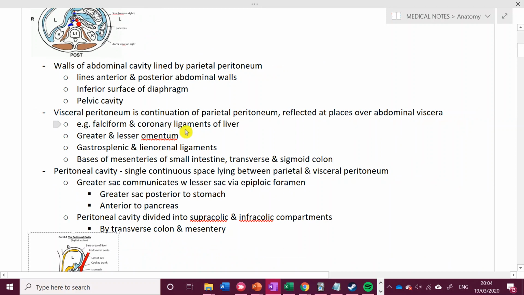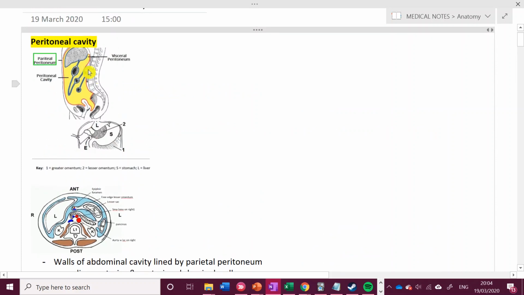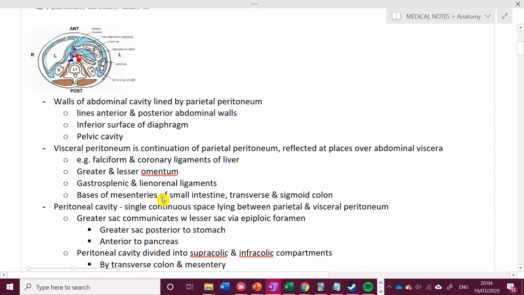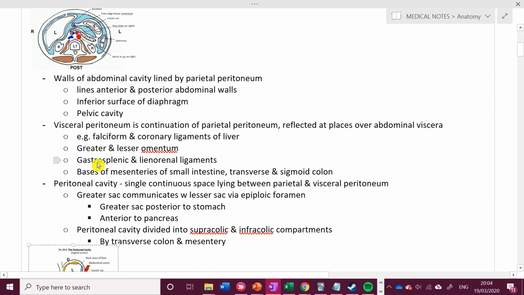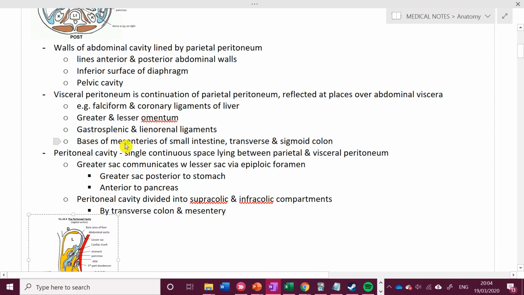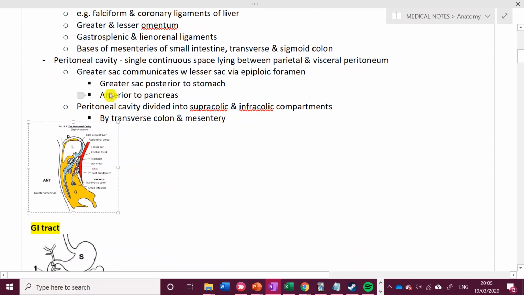The visceral peritoneum is a continuation of the parietal peritoneum, so this is all continuous, and it's reflected at places over the abdominal viscera, like the falciform and the coronary ligaments of the liver, and the greater and lesser omentum, as well as the gastrosplenic and lienorenal ligaments. And they form the bases of the mesenteries of the small intestine, the transverse and the sigmoid colon as well, which we will get into later.